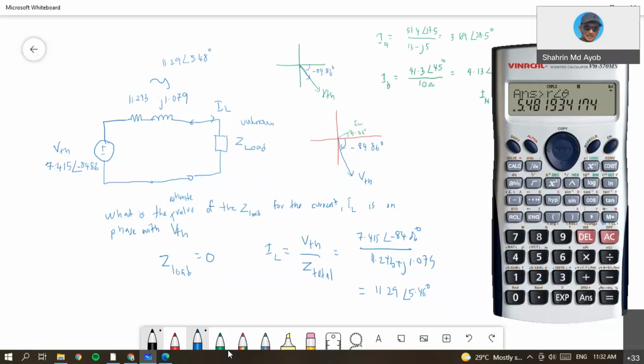So how do we ensure that the angle of the current is the same as the angle of VTH? That is what is called in phase. Right now, with Z load 0, the answer shows that your IL is not in phase.